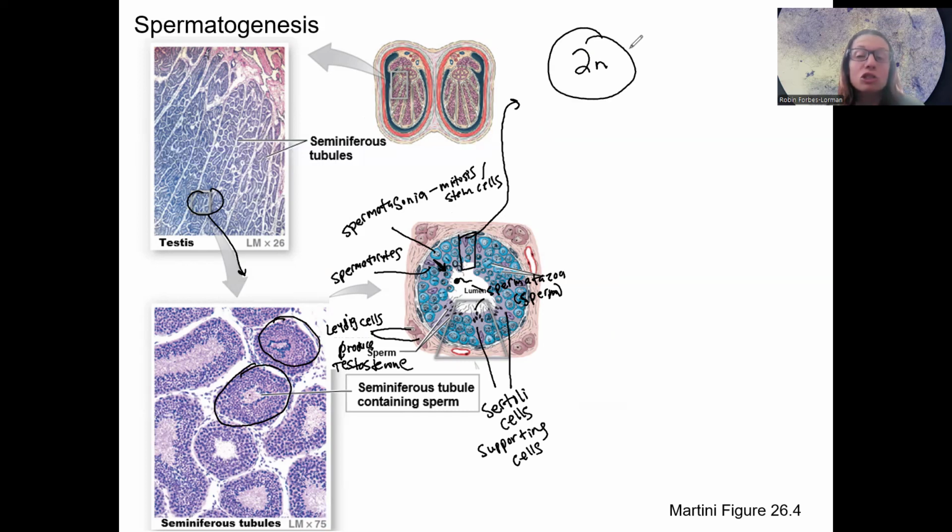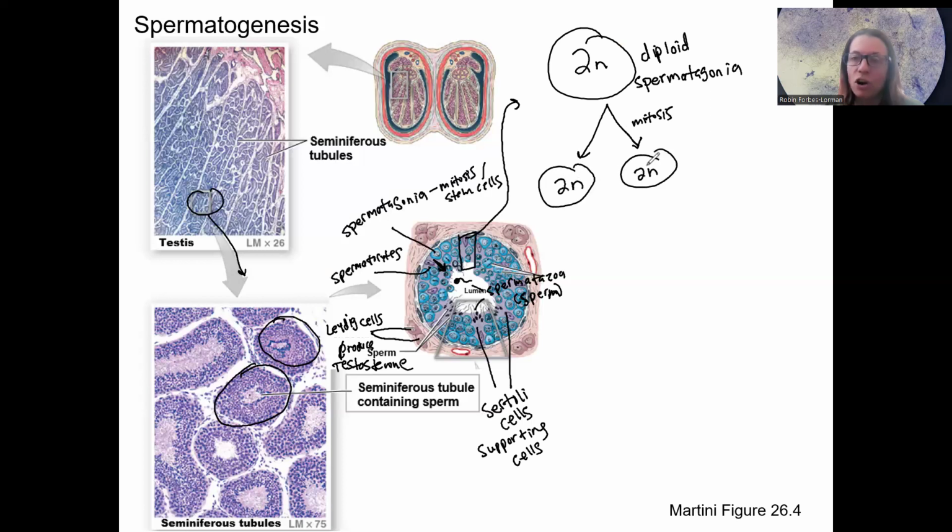What does that mean? They have two sets of chromosomes. Like most of our cells in our body, they're diploid. These are the spermatogonia. These spermatogonia are always going through mitosis. Mitosis results in 2N offspring.